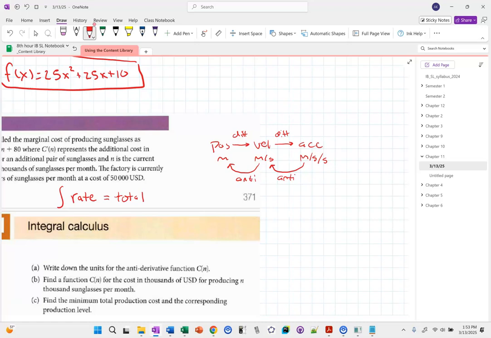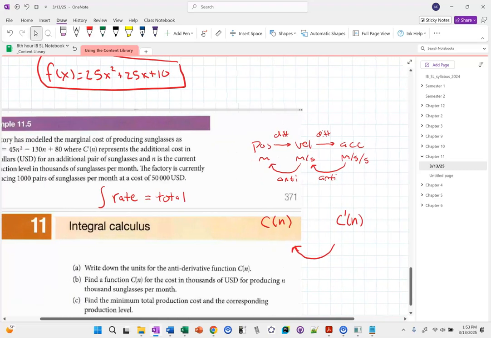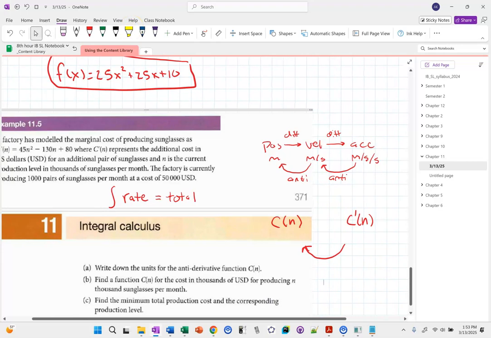So for this problem, we have C of n and we have C prime of n. If I know the units for C prime of n, I can find out the units for C of n really easily. So let's read what C prime of n says again. It says C prime of n represents the cost in US dollars for an additional pair of sunglasses.